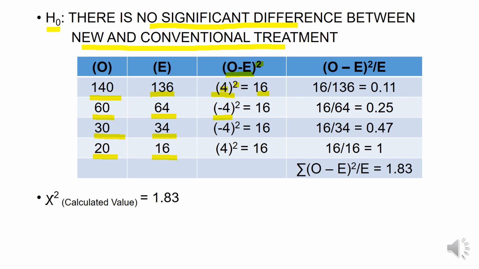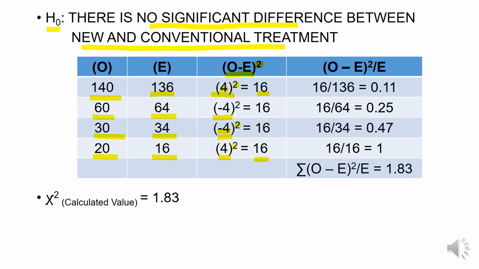Further, when 34 is reduced from 30, it leads to a value equivalent to minus 4 and the square of minus 4 is 16. Lastly, when 16 is reduced from 20, it results into a value equivalent to 4 and the square of 4 is equivalent to 16.